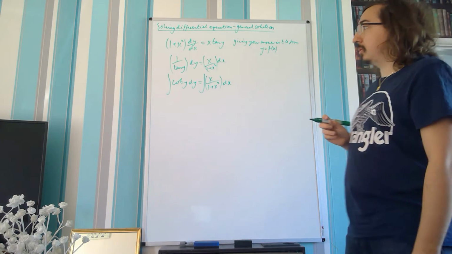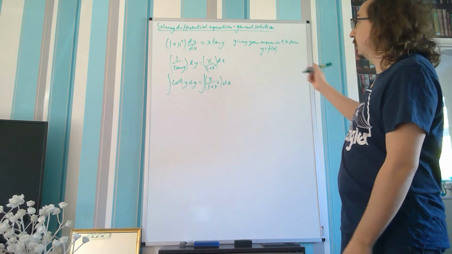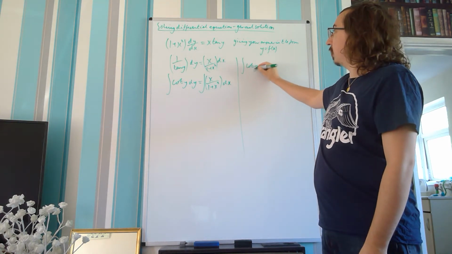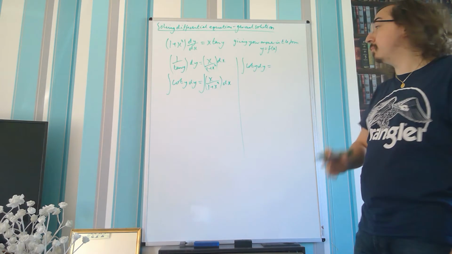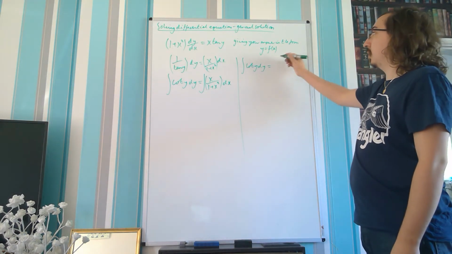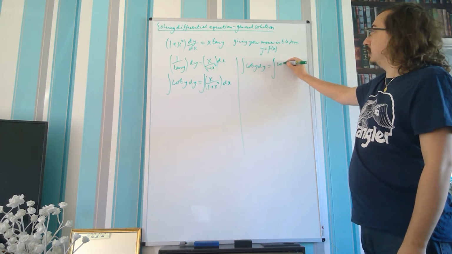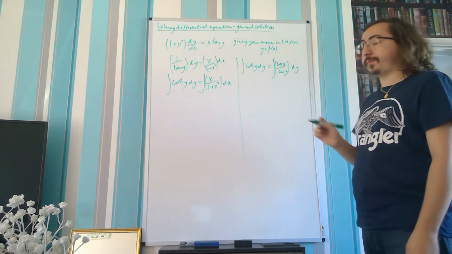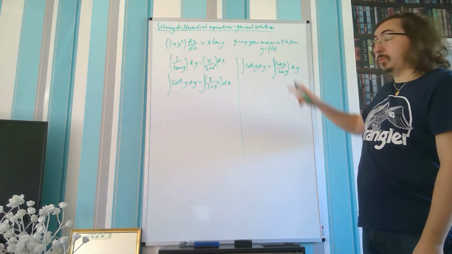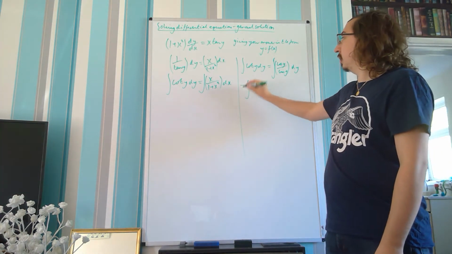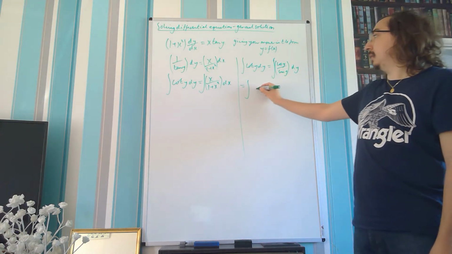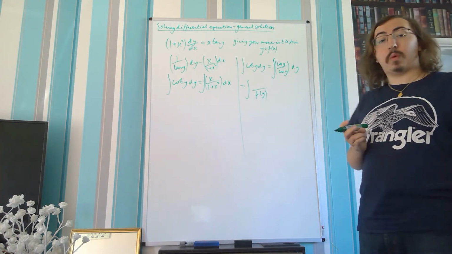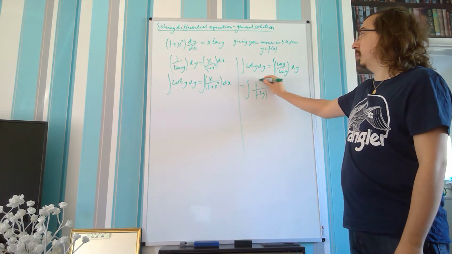So let's look at the integral of cot y first. Well, if we're going to integrate cot y with respect to y, you need to remember that we need to rewrite cot as cos y over sine y. And the reason we need to do that is because if sine y is our function in terms of y, cos y is the differential of that function.